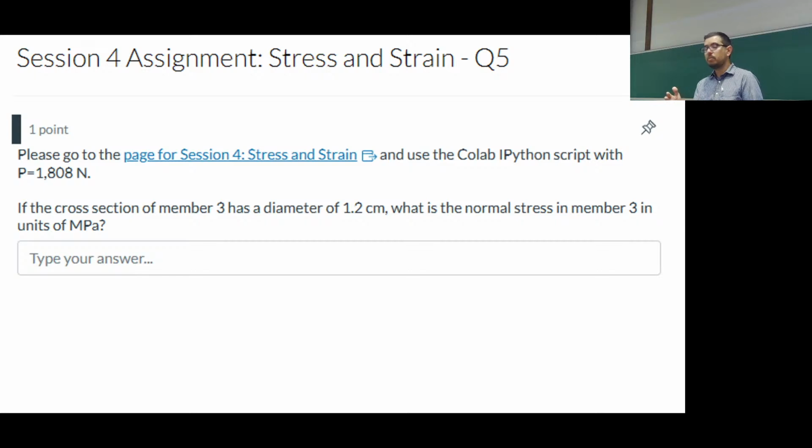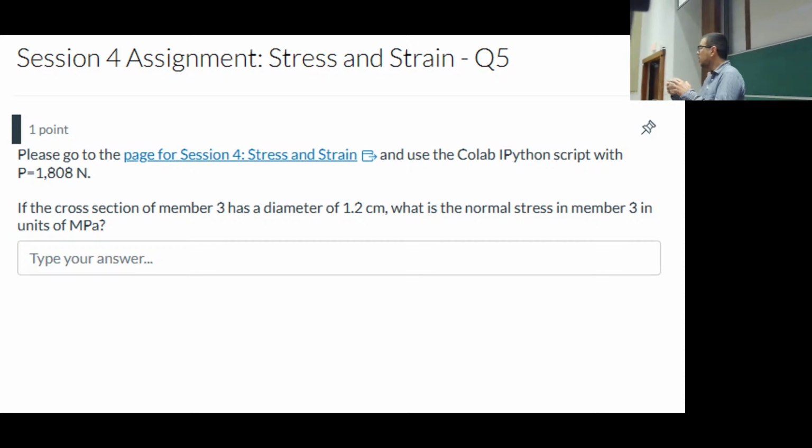The Colab script is using a method of joints to solve the problem, and then you can figure out the rest. Remember, in a truss, each member only supports an axial force. The joints, or the nodes, can have compressive forces and tensile forces acting on them.